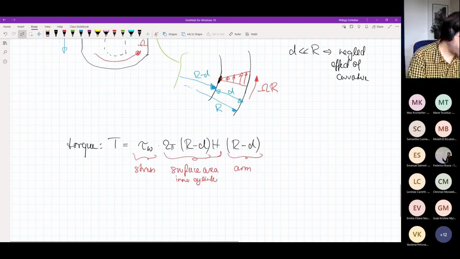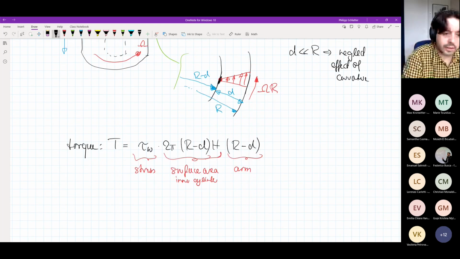Well, now we have all of this. Now we can plug in the values that we know because it's Couette flow. We have actually solved the velocity profile.